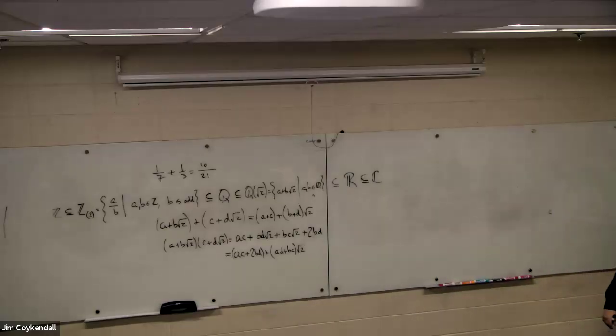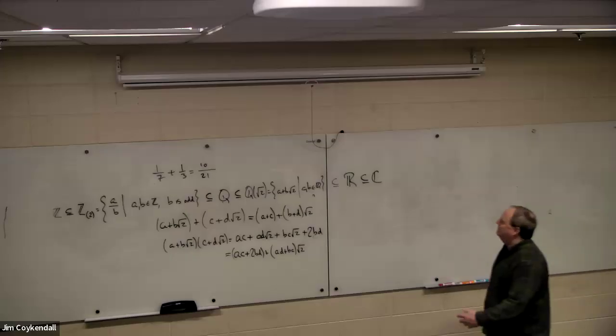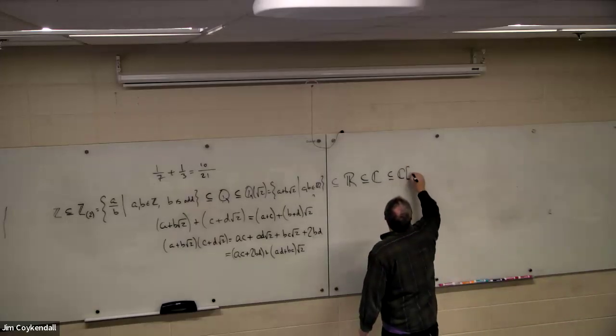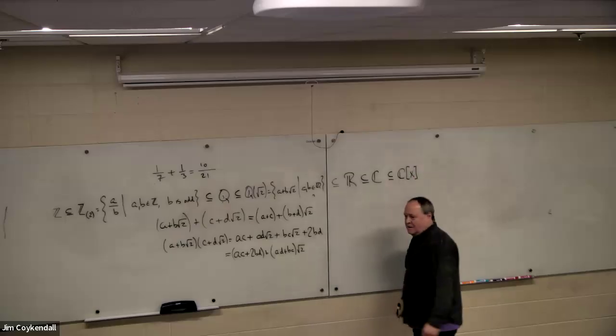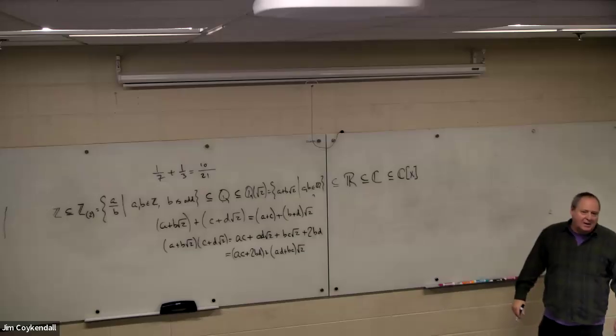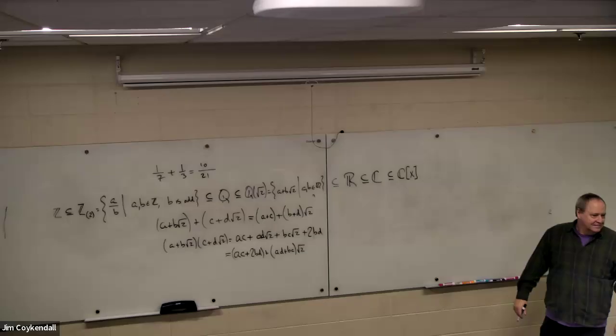Anybody think of a ring that's bigger than this? How about all polynomials with complex coefficients? That's a bigger ring. Anybody think of a bigger ring than that?